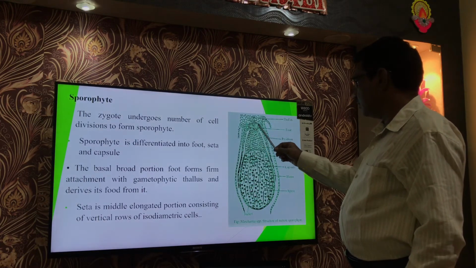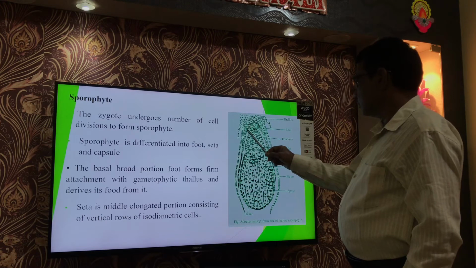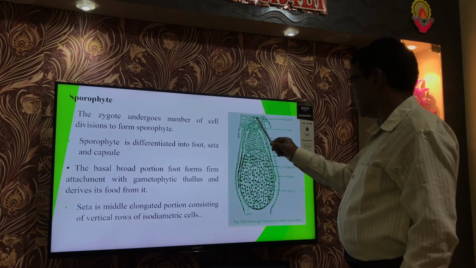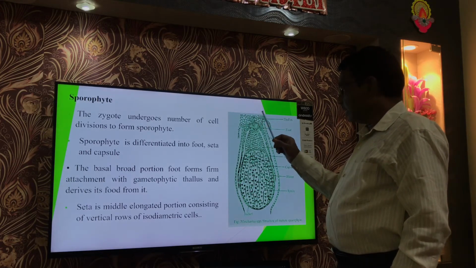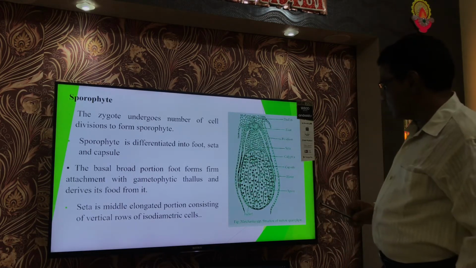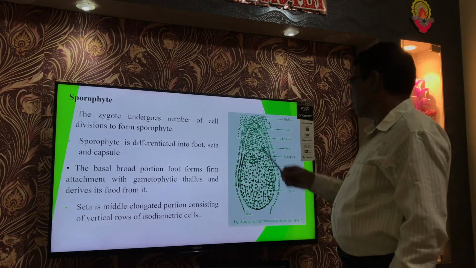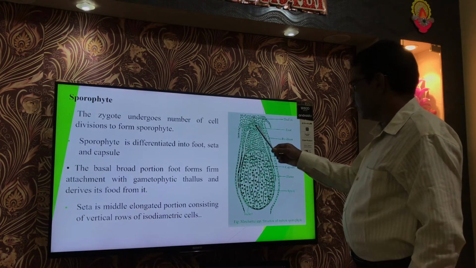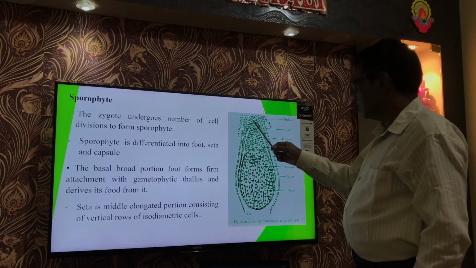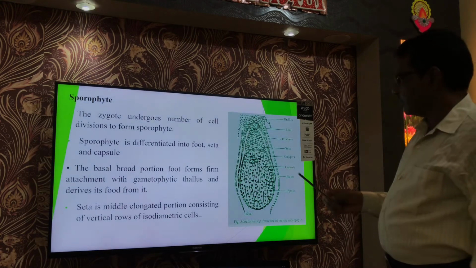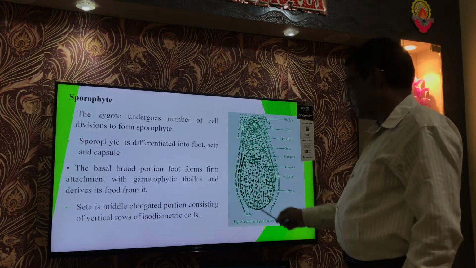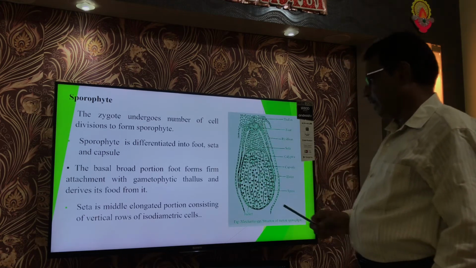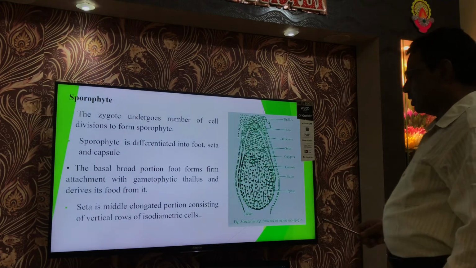This is the basal broad foot that forms the firm attachment with the gametophytic thallus, where the venter of the archegonium was attached with this gametophytic portion, and this is only to absorb food material or nutrition from the gametophytic thallus, because this sporophyte is dependent on the gametophyte as far as nutrition is concerned.